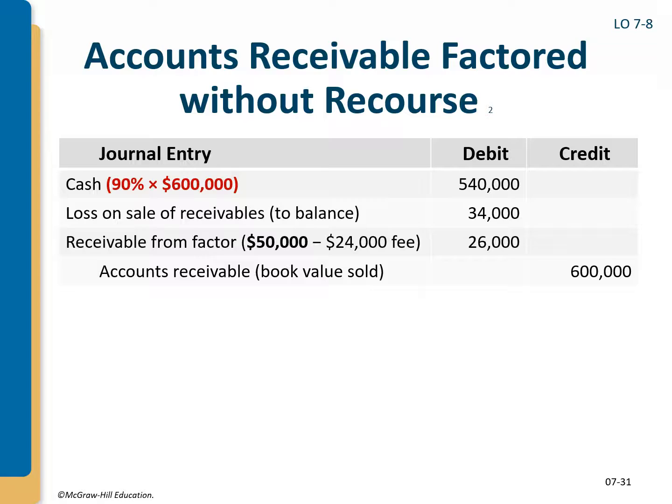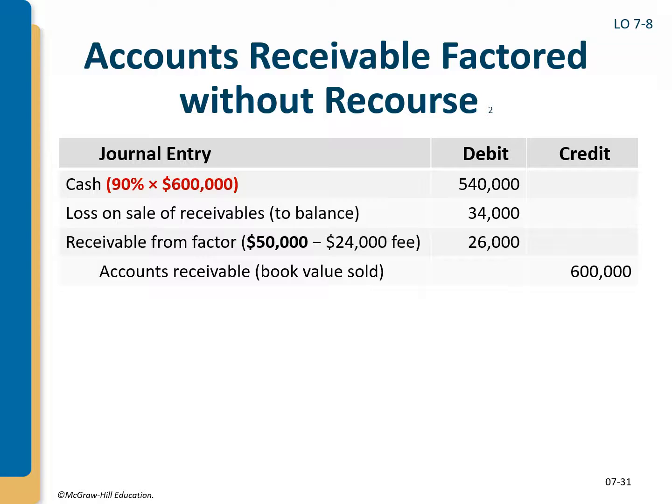No, what they'll do is they'll come to Santa Teresa and say, here's the stuff I bought from you, decrease the amount I owe you. Well, Santa Teresa can't say, sorry, it's already sold your accounts receivable balance, too bad for you. No. Instead, they'll reduce this receivable from factor account.